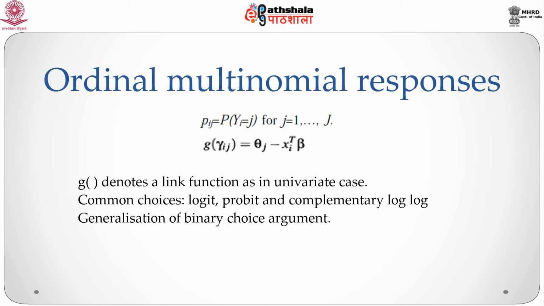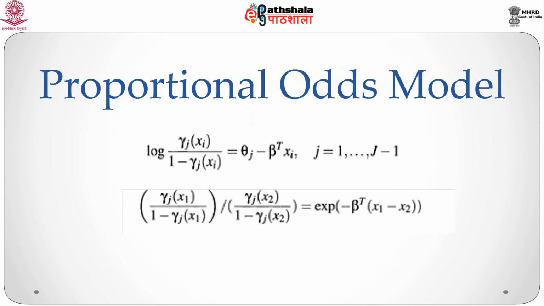So for example, if z follows the logistic distribution, then it leads to gamma ij equal to exponential of theta j minus beta prime xi by 1 plus exponential theta j minus beta prime xi, which can be rewritten as log of gamma j xi over 1 minus gamma j xi equal to theta j minus beta prime xi, j equal to 1 to capital J minus 1.